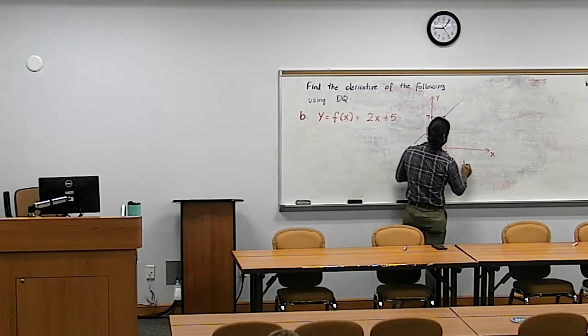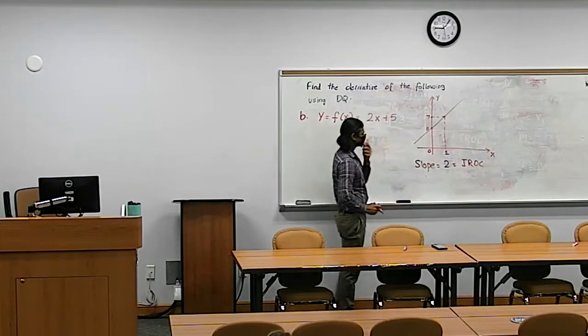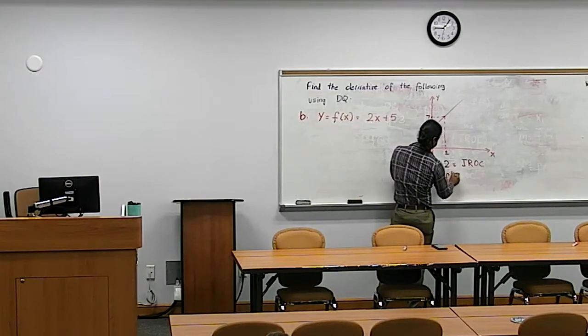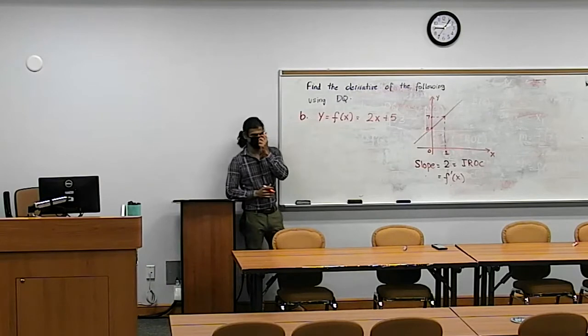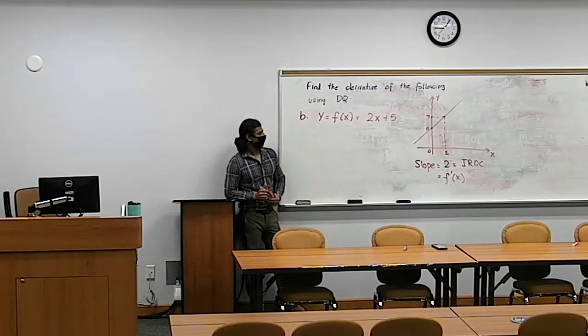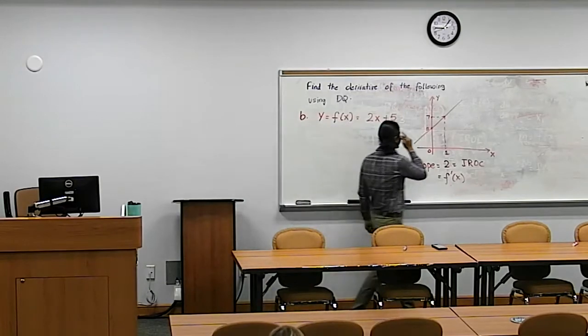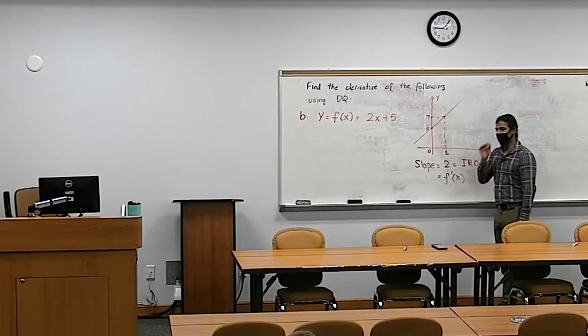It is the same for the instantaneous rate of change. And it is the derivative of the function f. Y is 2, the instantaneous rate of change. No matter what value of x I pick, I am going to get the slope to be 2.